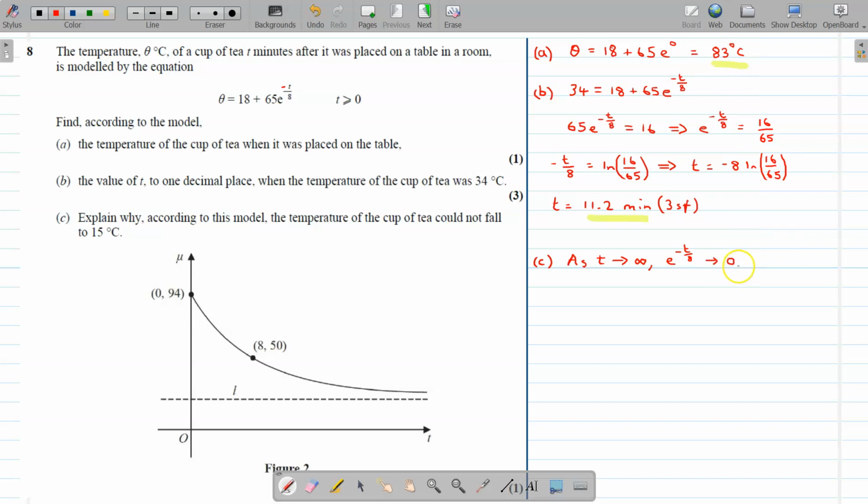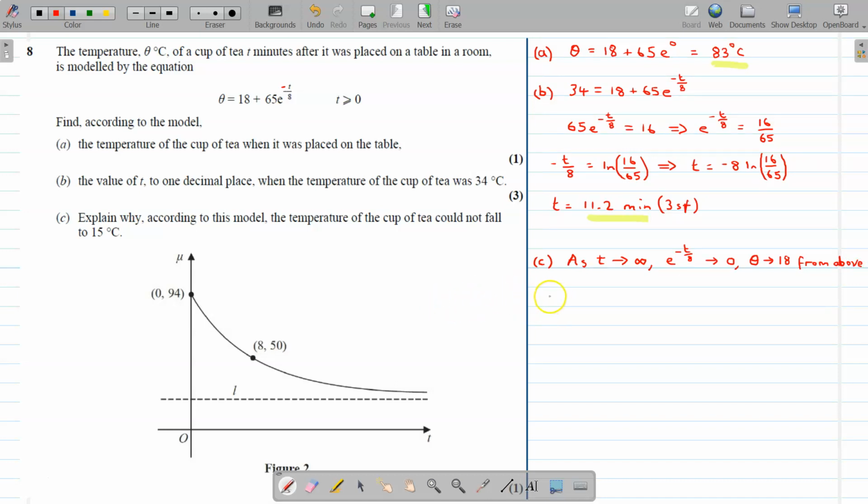And therefore theta approaches 18. Because you've always got this little bit added on to 18, so it's always above 18 but getting closer and closer to it. We actually say that it approaches 18 from above. It's quite important that it's clear that it's approaching 18 from above.